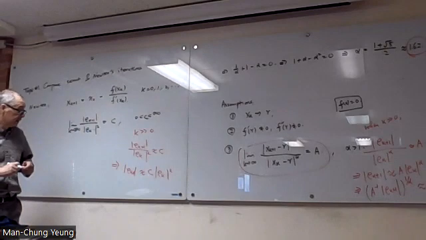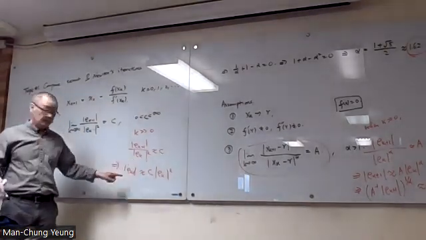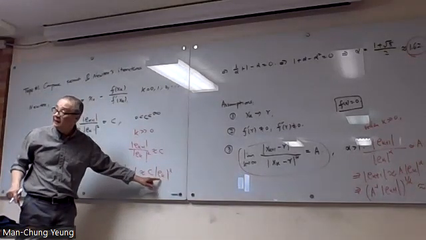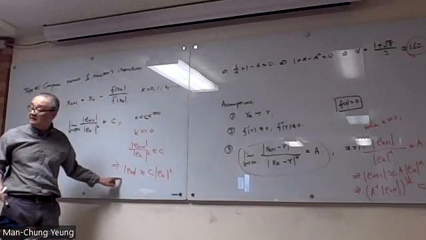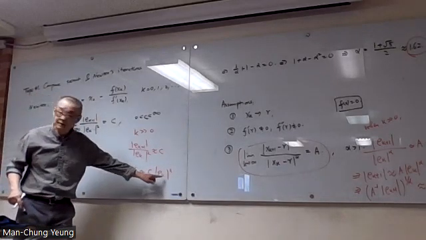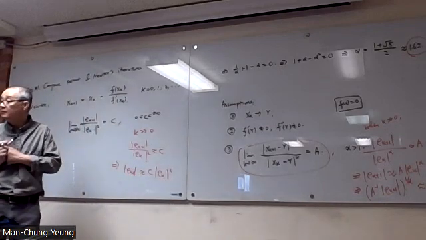Don't forget the error is going to 0. The previous step error is e_k. Now e_{k+1}, the error, is the square of the error of the previous step.